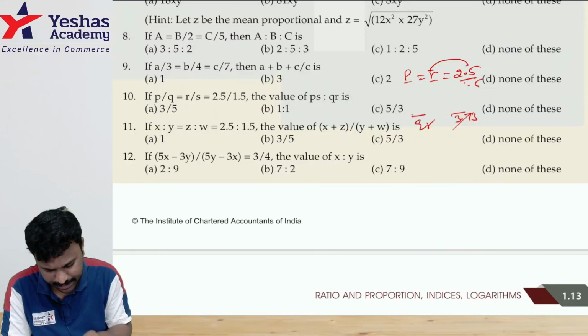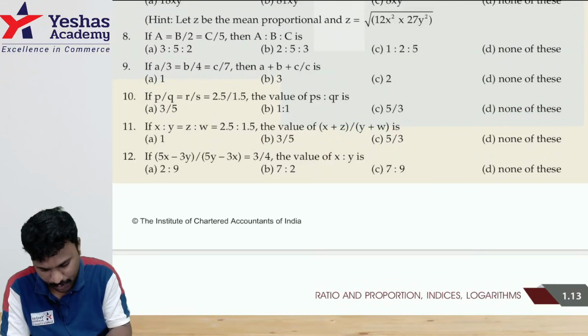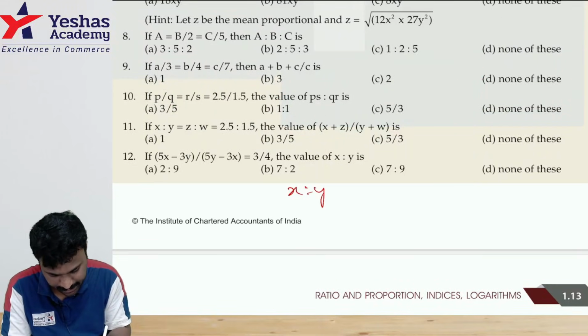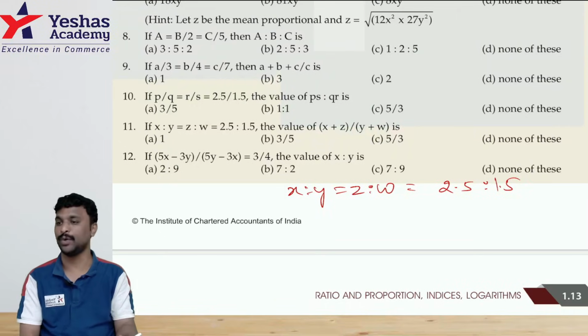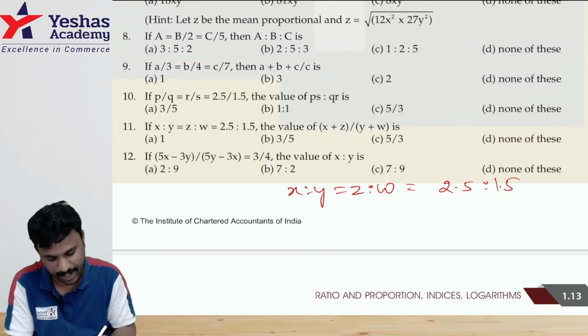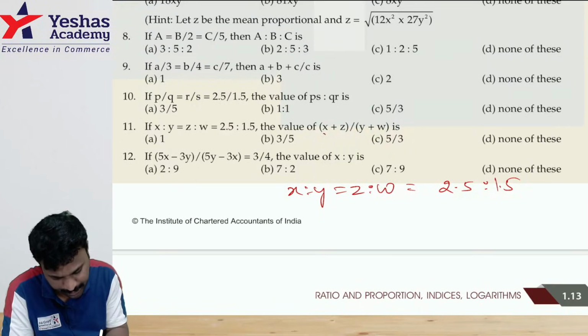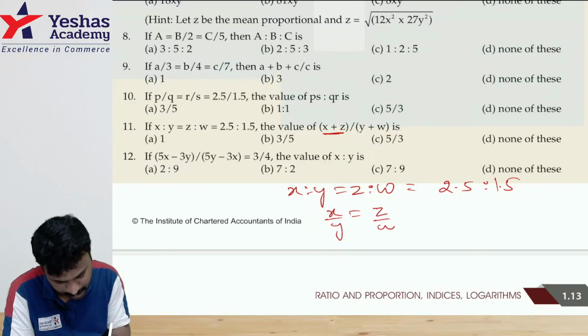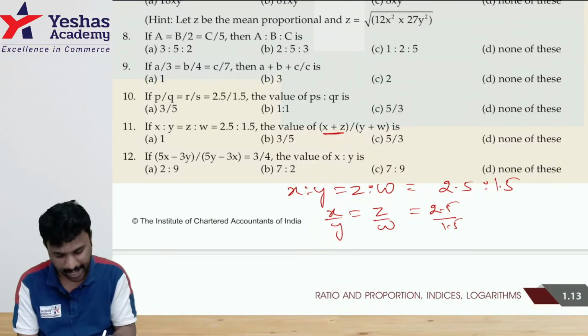Guys, what have they asked? They've given a ratio, x is to y is equal to z is to w is equal to 2.5 is to 1.5. Two ratios are equated and they have given this. And they're asking us to find x plus z. Let me write this in the form of a fraction. So 2.5 divided by 1.5. See guys, what they're asking, x plus z divided by y plus w.